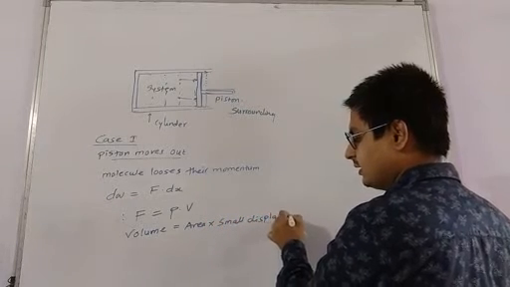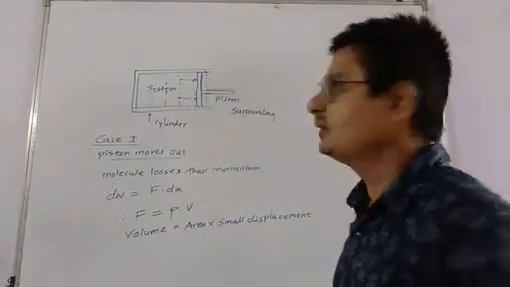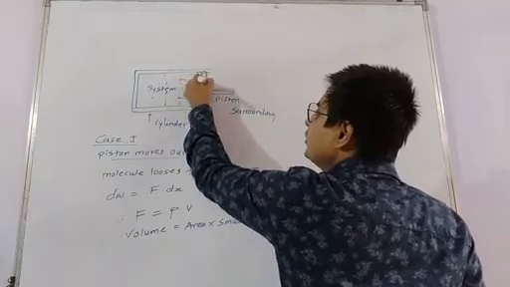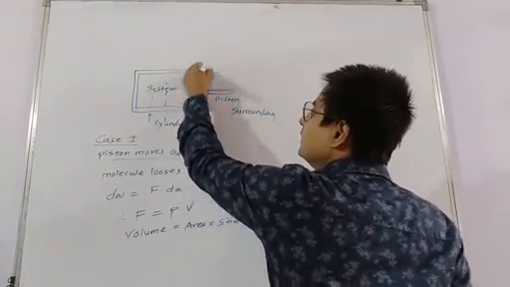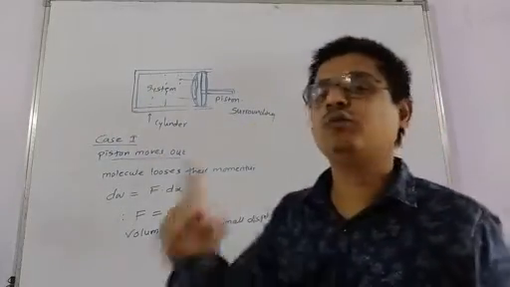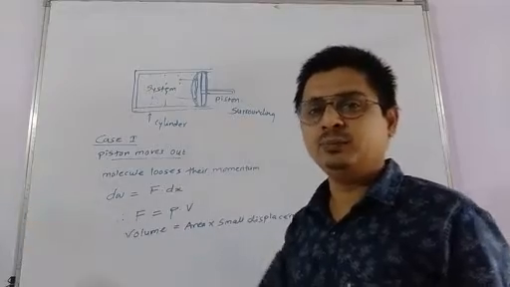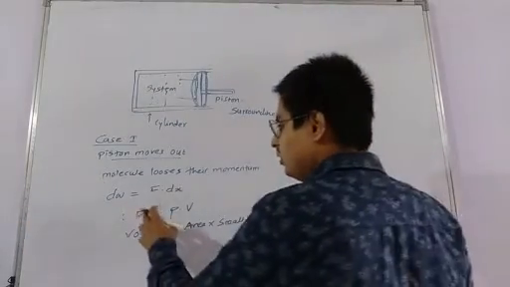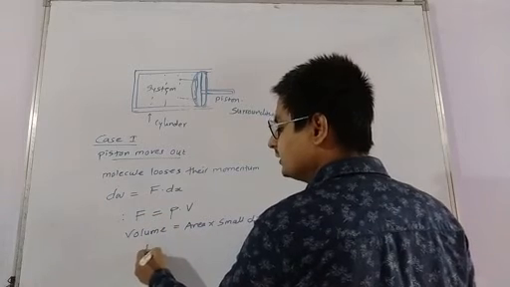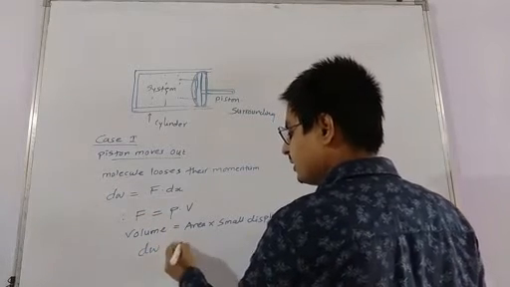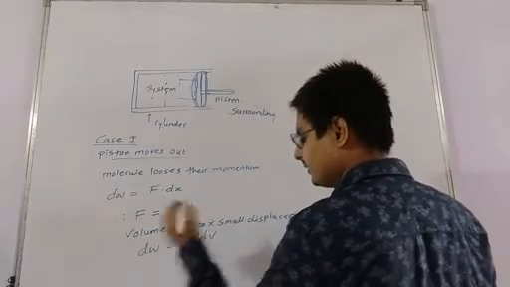Because when the piston moves outward, it sweeps through a certain volume. इतना volume जो है वो it will move outside. और वो volume कैसे find करेंगे? We can get it by area into displacement. So you can say that the small work done will be P into dV.